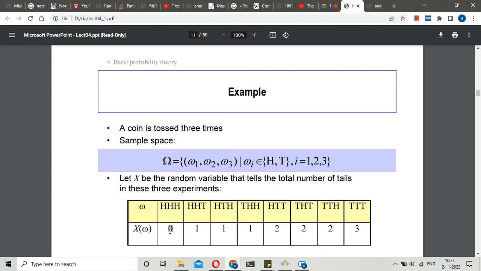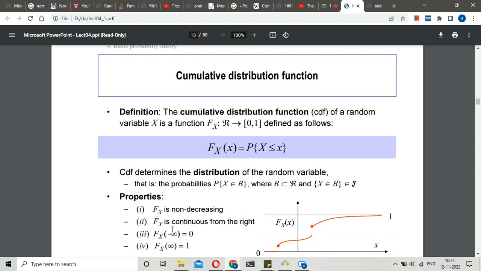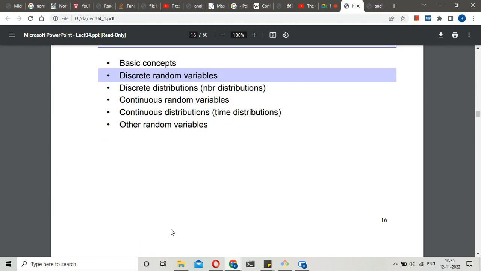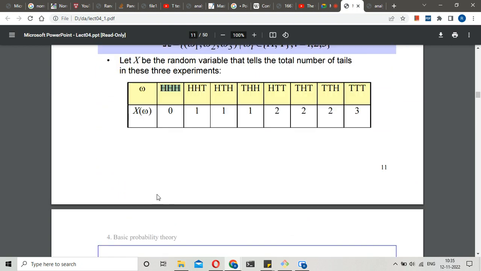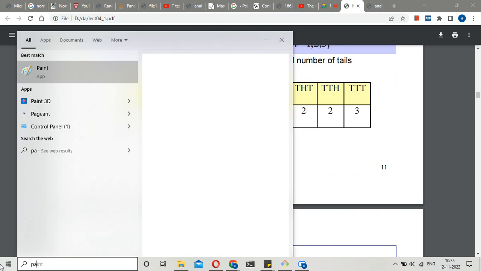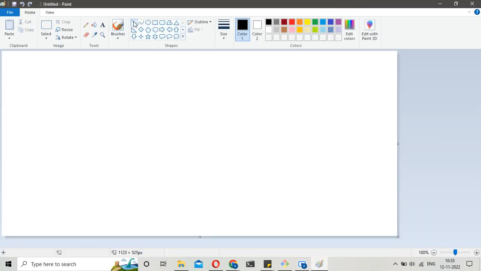So for 0 it will be 1 by 8, because getting 0 tails in 3 experiments is 1 by 8 actually. So for the 0 value you will plot 1 by 8. Let's quickly plot this in Paint.